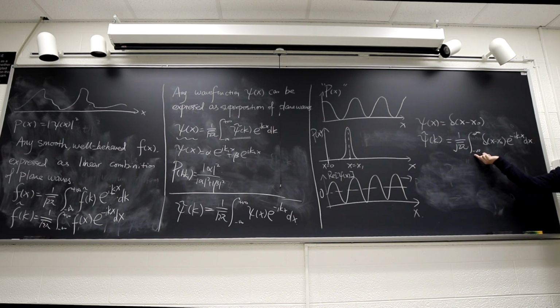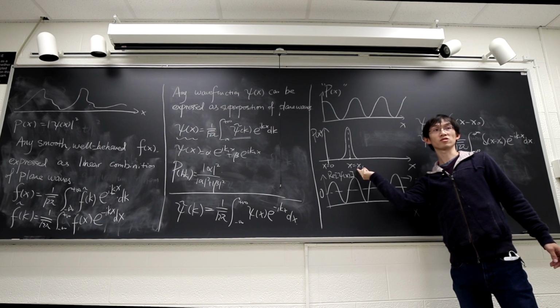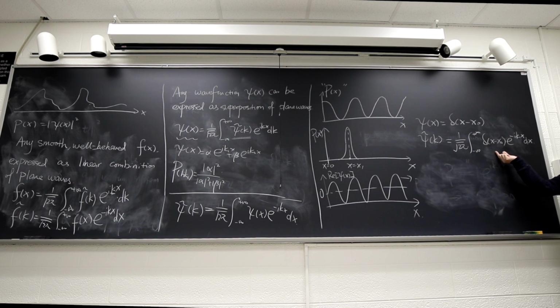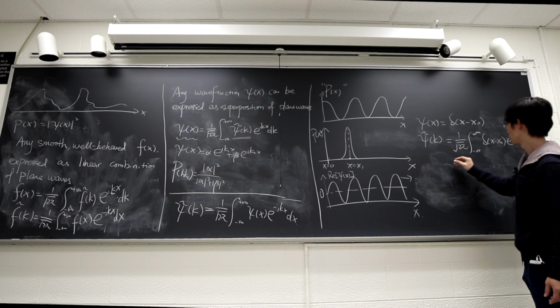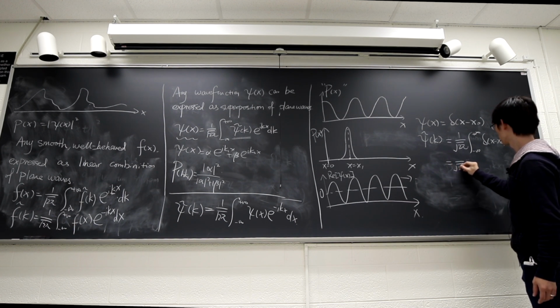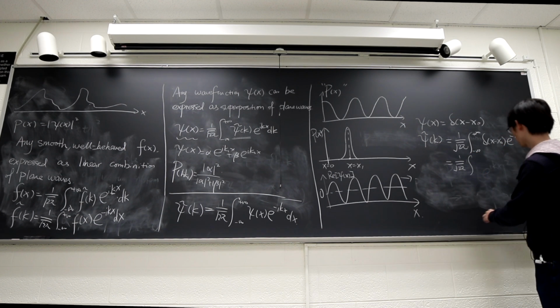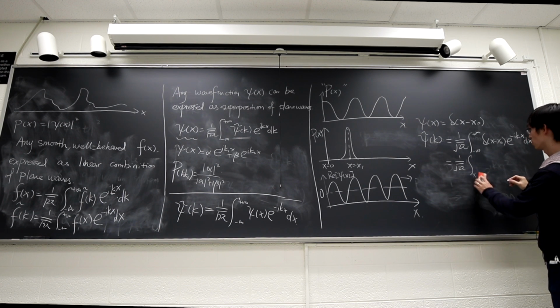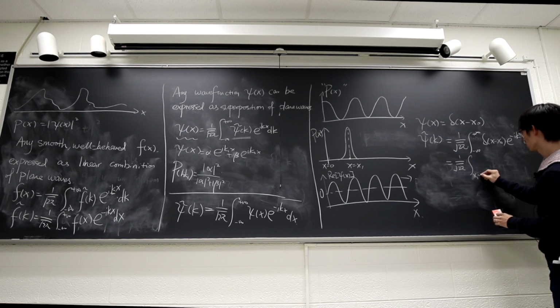So all the other parts are actually 0 except at x equals x1. Let's say from x1 minus a small thing to x1 plus a small thing.